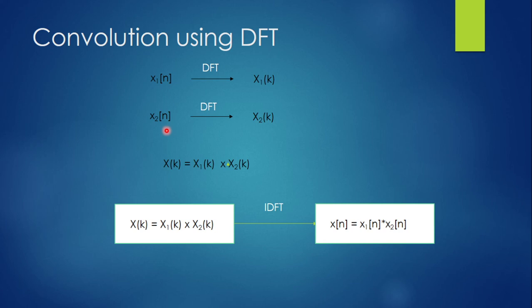So these are the basics. Today what I have explained is the basics of Fourier analysis, then DFT, then how to compute the DFT. And in the last I have explained the convolution using the DFT.